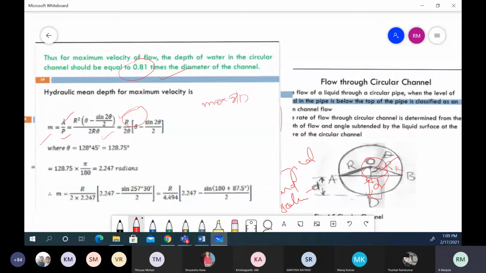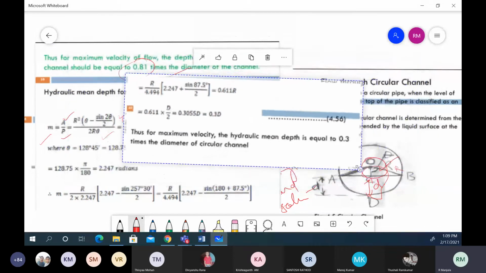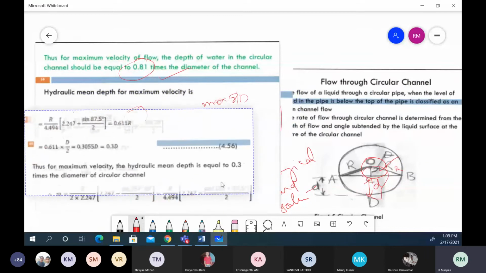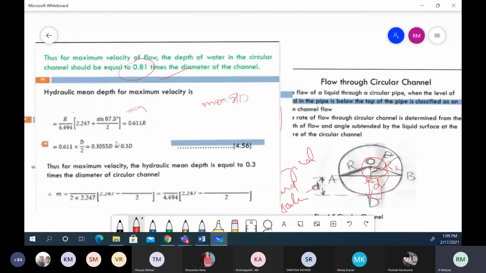So upon substitution, the hydraulic mean depth for maximum velocity is 0.3 times D. Hydraulic mean depth m equal to A by P is nothing but 0.3 times D. Thus for maximum velocity, your hydraulic mean depth is going to be 0.3 times the diameter of the circular channel.